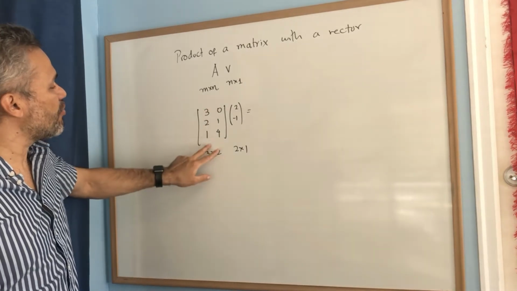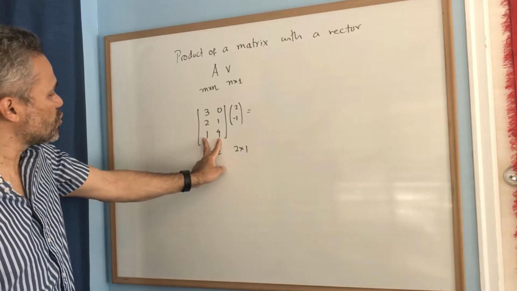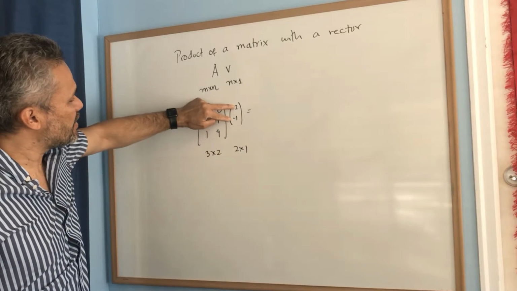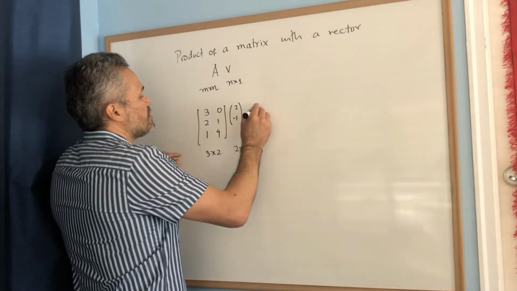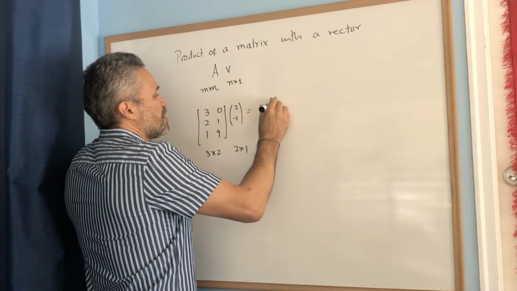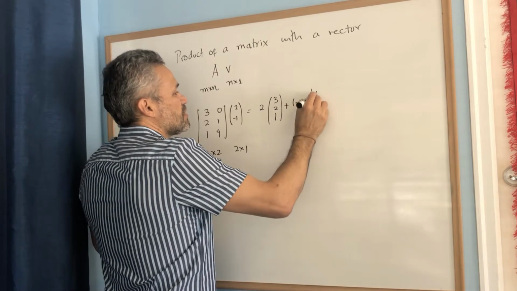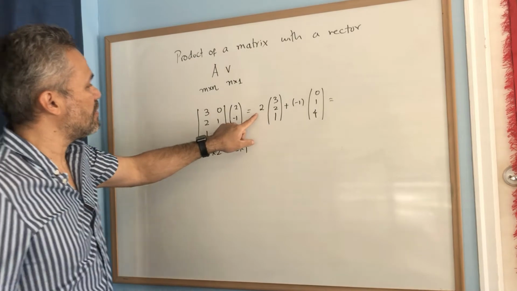And in a linear combination, I need the vectors. How many vectors do I have? I have 2 vectors, 2 columns, and I need 2 weights. What are the weights? These elements in the vector. Then by definition, this product is 2 times (3, 2, 1) plus negative 1 times (0, 1, 4). And then we get something.